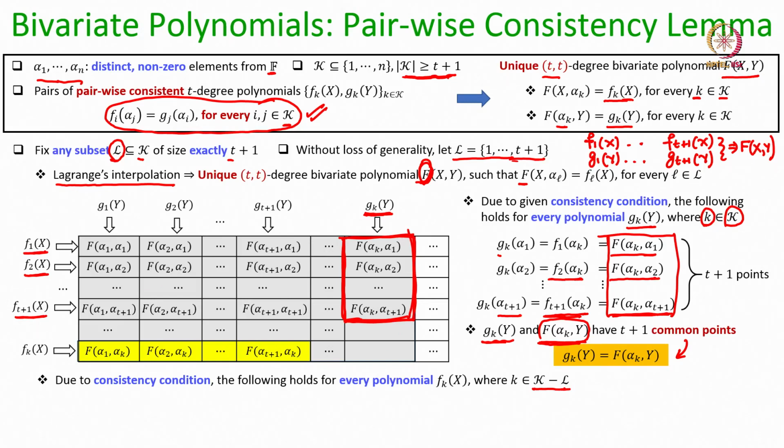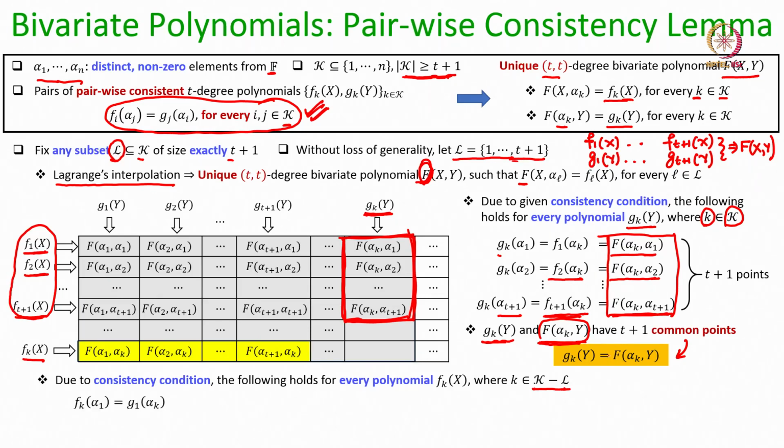And again, to prove that, we will trigger this pairwise consistency statement. So, consider any x univariate polynomial outside the first t plus 1 x univariate polynomials.